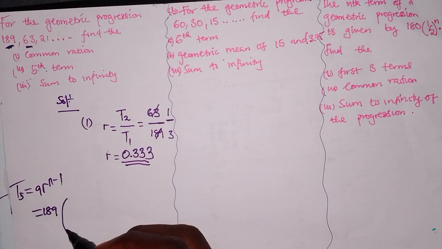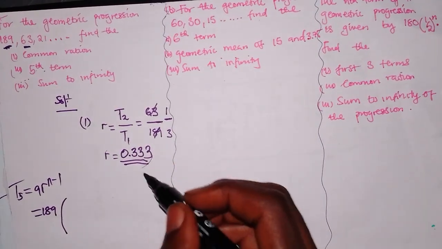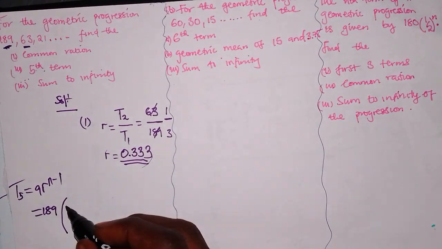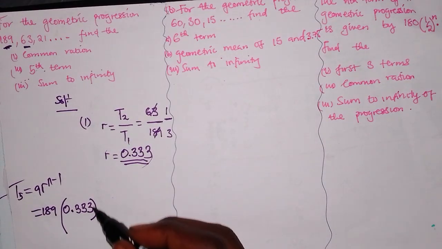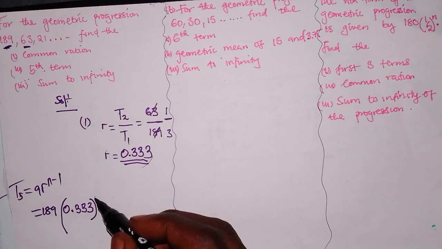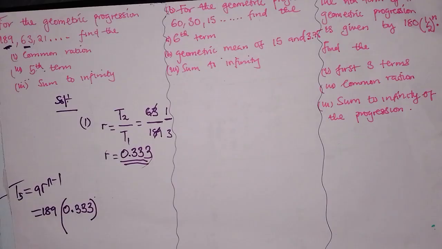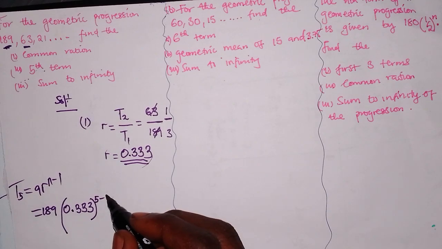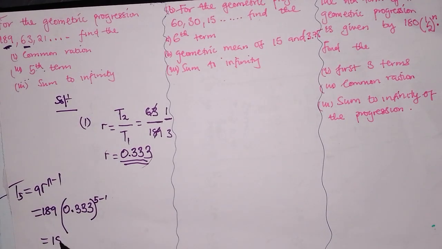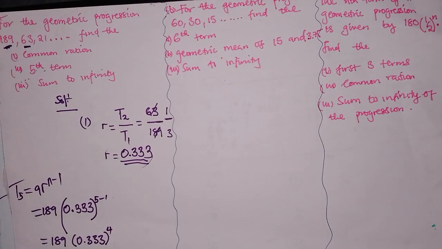Our common ratio is 0.333. We are calculating the fifth term, so our n is 5, minus 1. Then you say 189 multiplied by 0.333 to the power of 5 minus 1, which is 4.